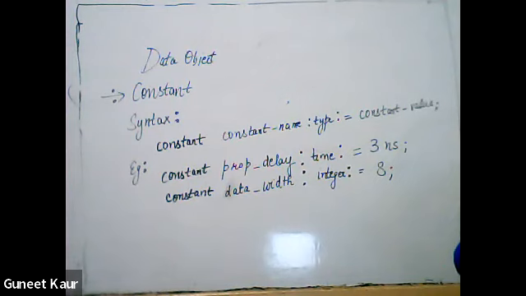And the most common places to find a constant are in the architecture or in a package declaration. Means mostly we are declaring our constant data object in the entity, in the architecture and the package declaration.